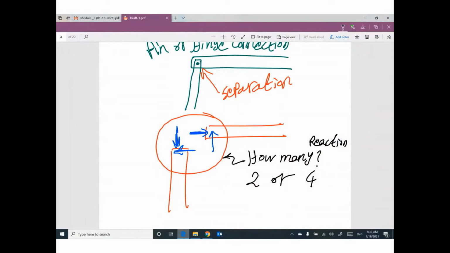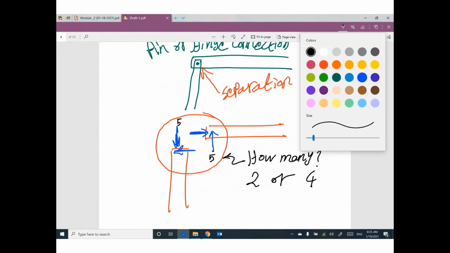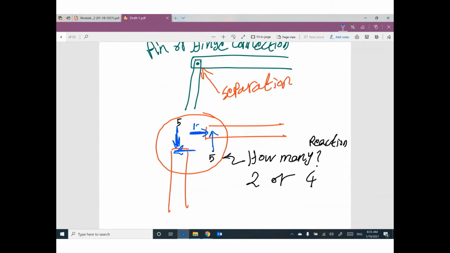Guys, if this reaction is 5, this one will be 5, but in opposite direction. If this reaction is 10, this reaction will be 10 in opposite direction. So how many unknowns do you have here? I believe we have only 2. Because this value will be the same like this.